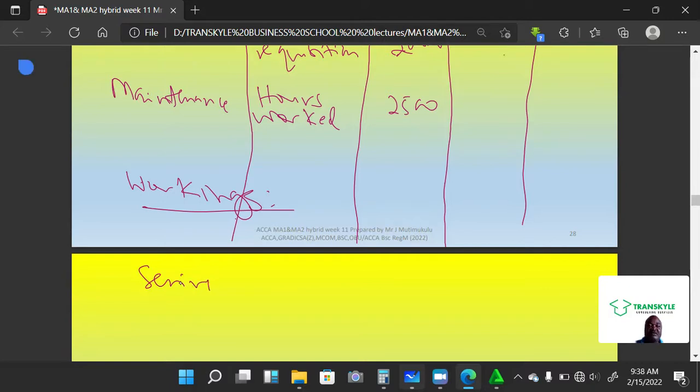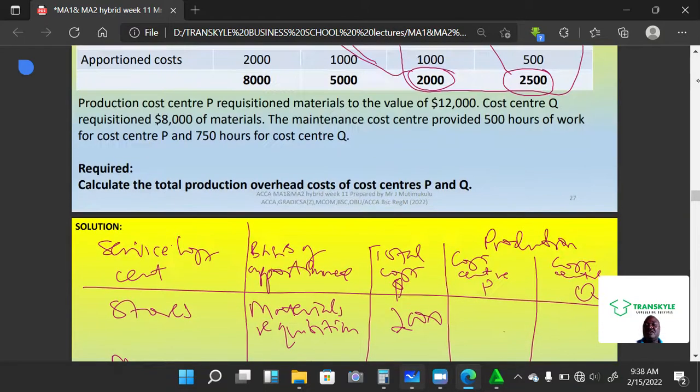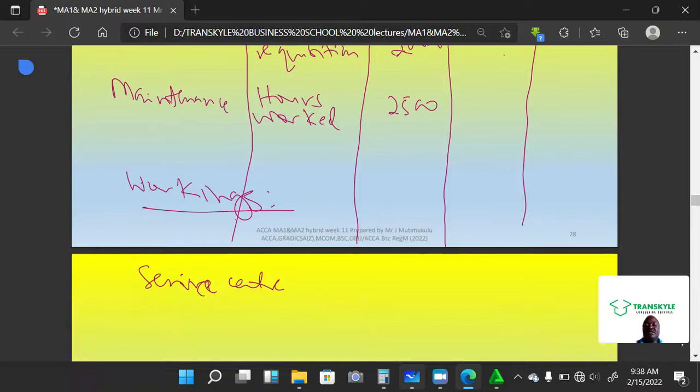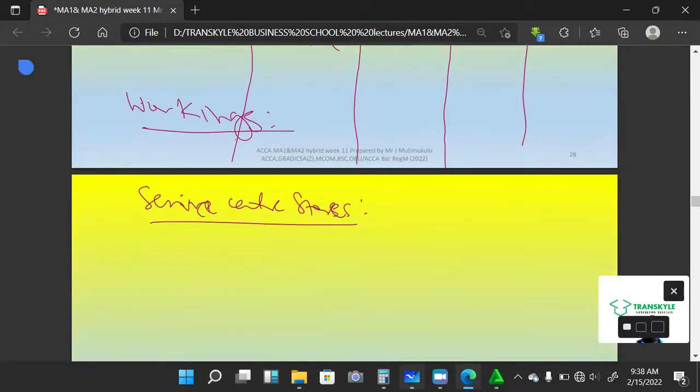Service center stores. How are we going to apportion? We said that the basis was materials requisitioned. So total materials requisitioned.